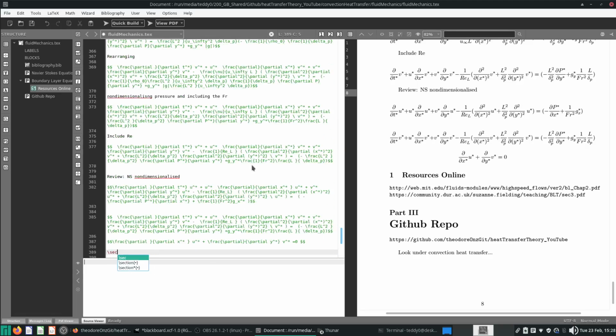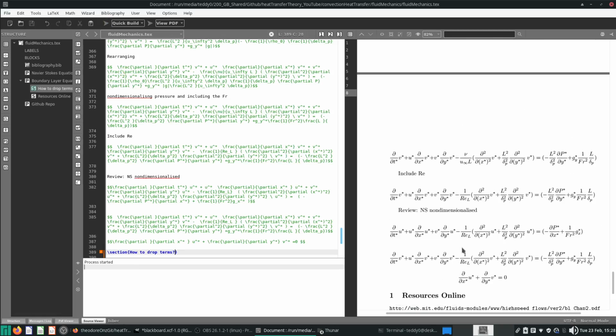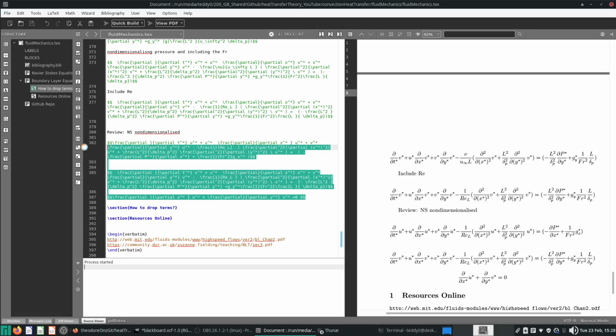Okay, so let's begin a new section: how to drop terms. This is the section I want. How do we start dropping the terms? So I'll just copy and paste.